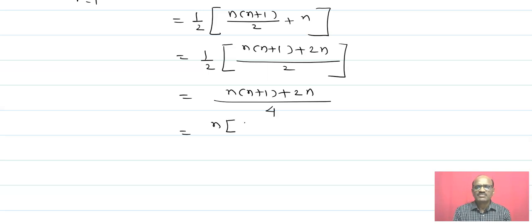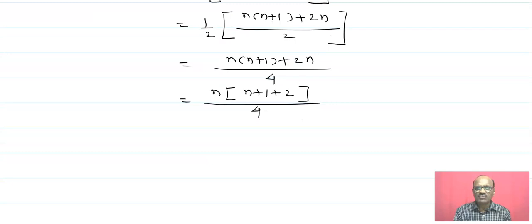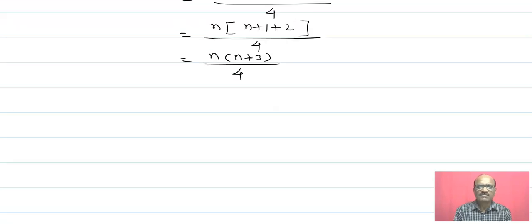We will take the n as common, then you will get n into n plus 1 plus 2, and that is upon 4, n into n plus 3 upon 4, and this is the final one.